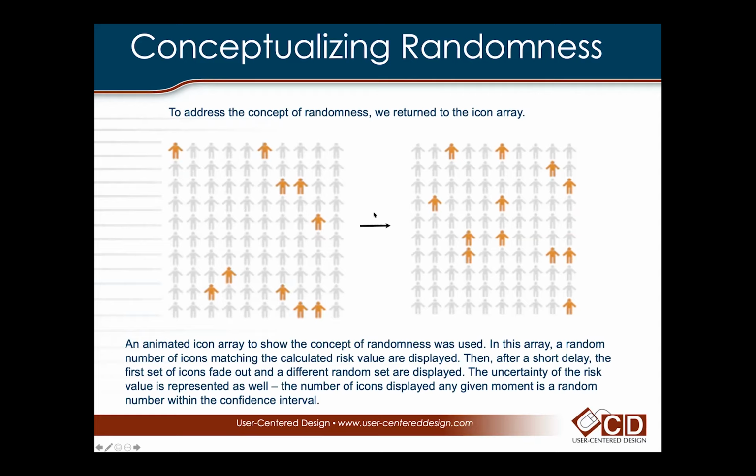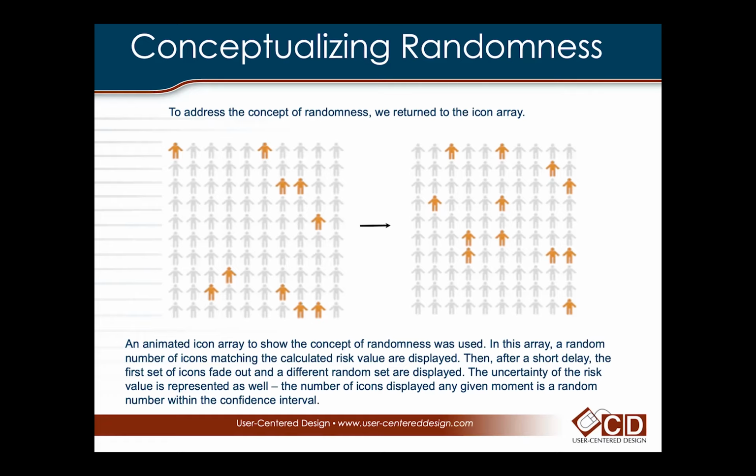And one question was, should we do this with the center point within the range, or should we do this with the range? We did test those various versions, and we found that if we did the range that showed 5 people, and then they would fade out, and then maybe it would be 7 people if the range was 5 to 15, and then they would fade out, and a different set of 15 people would show up, it was getting the point across, but people didn't quite get what we were saying by the diagram alone.